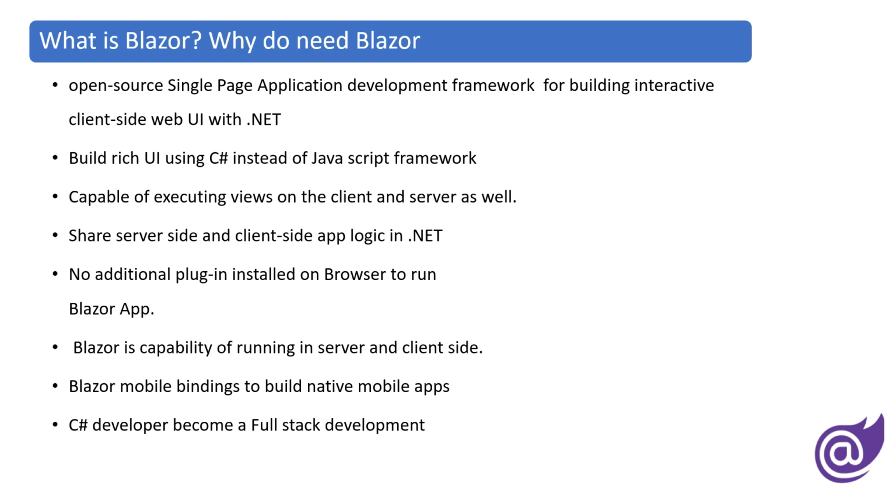We could download JavaScript, but we needed to use JavaScript. By using Blazor, the same .NET code we can leverage on the server side, and we can share it between the client and server. That is one of the biggest advantages.